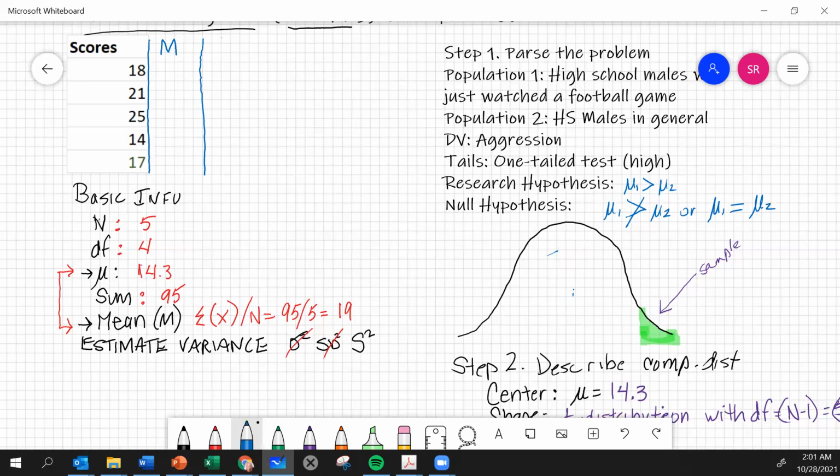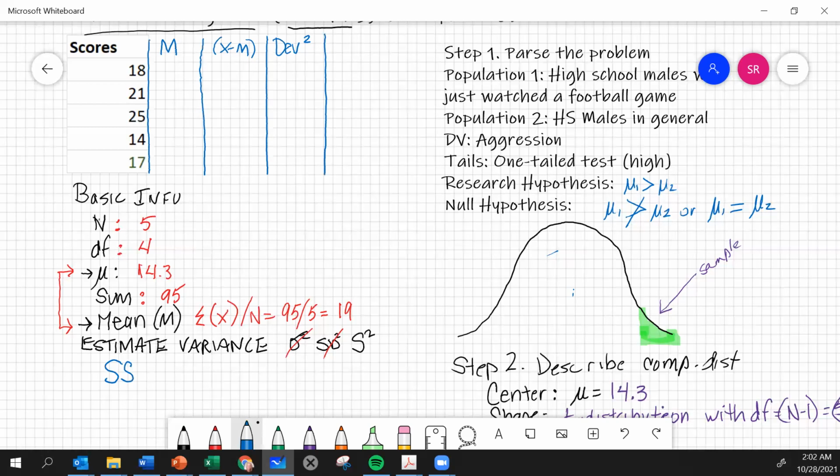Then I make a column for the deviations squared, and that will allow us to calculate the sum of squared deviations.